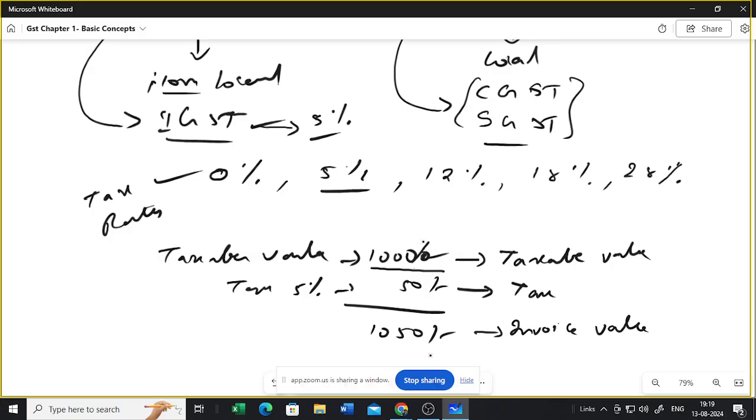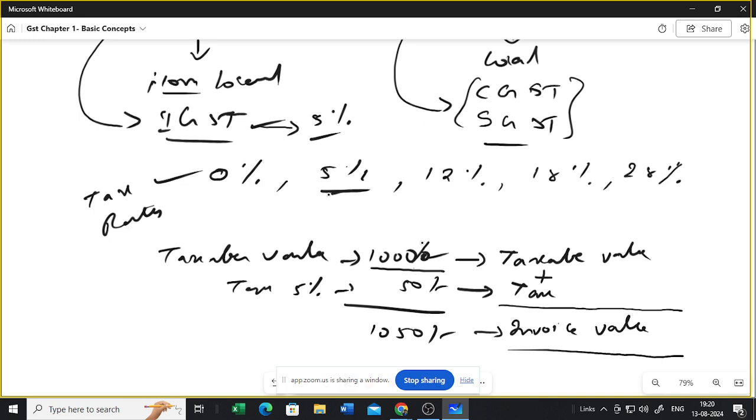Taxable value plus tax gives the invoice value. Clear or not?